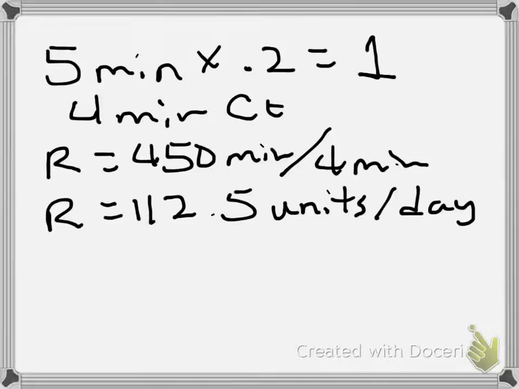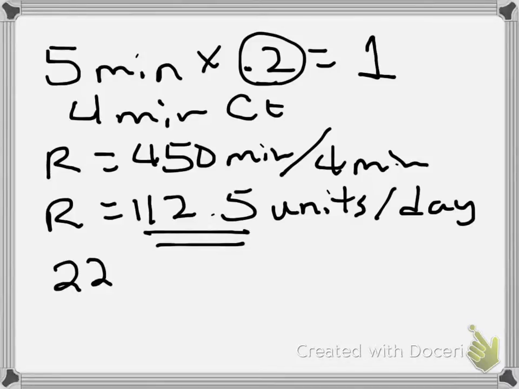So with a 20% reduction in cycle time, we see that our output has increased to 112.5 units per day, or an increase of 22.5 units per day.